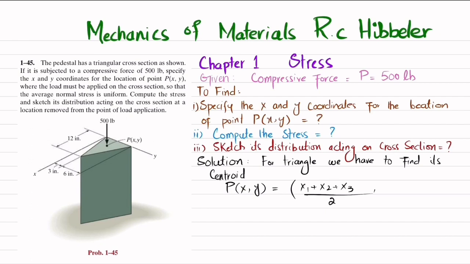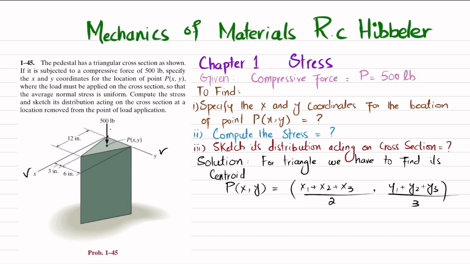That will give its x coordinate, and for y, it is y1 plus y2 plus y3 divided by 3. So you can see this is its x-axis and this is its y-axis.